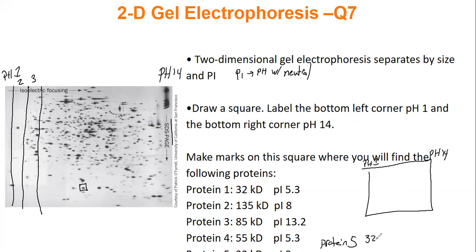Protein 5 is 32 kilodaltons, pI of 8. So SDS-PAGE is going from top to bottom. Isoelectric focusing is going left and right. So using that idea, see if you can place where these 5 proteins would end up using 2D gel electrophoresis. I'll give everybody a couple minutes to do that.